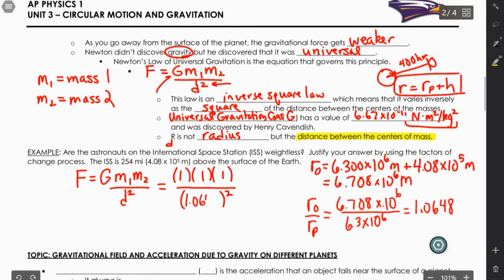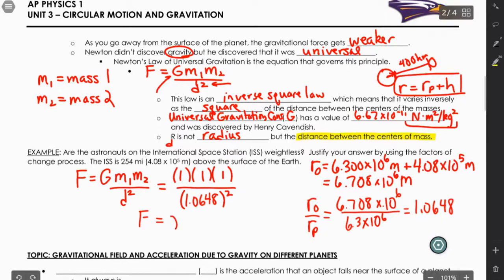So 1.0648, right? And so what I'm going to do is say, what is essentially the percentage difference of Earth versus the International Space Station? I plugged it in wrong. Switch the 0 to 6.